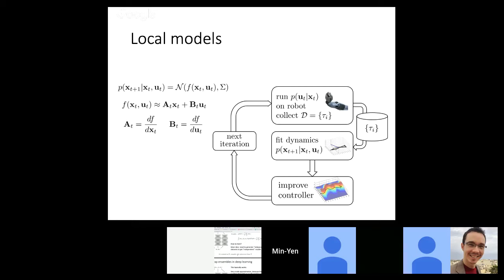Because we assume that in a very narrow local region, it is a linear relationship. So the derivatives are just the linear relationship. The A_t and the B_t become the derivatives.